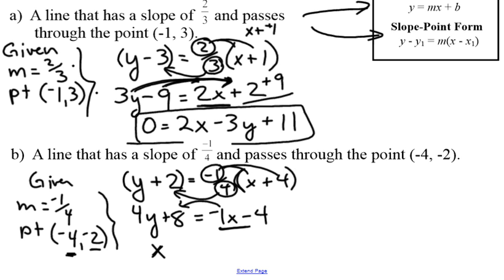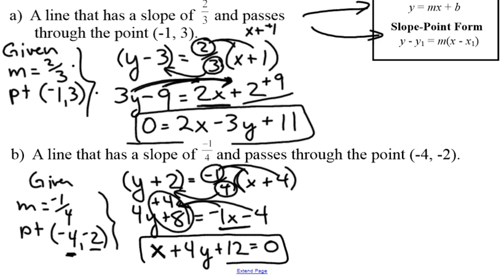Just x is a more simplified way of writing that. We still have the 4y on that side, which will stay. The negative 4 comes over by becoming a positive 4, and that leaves 4 and 8, which is 12. And everything's on one side, so it equals 0. Manipulating what we know to create the general form.